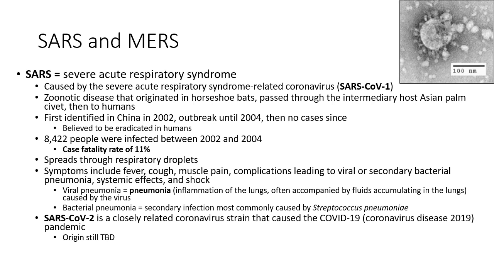This is the reason that we were so worried about SARS-CoV-2, or COVID-19, when it emerged, even though the case fatality rate was much, much lower. I've seen estimates anywhere between 0.5 to 3.5% for SARS-CoV-2. At the very beginning, we took a lot of precautions because what if the case fatality rate was 11%?